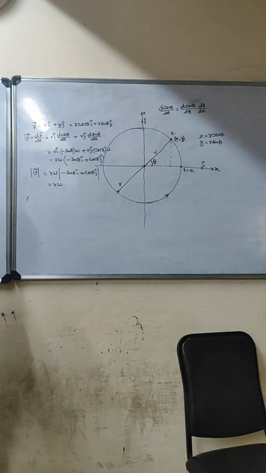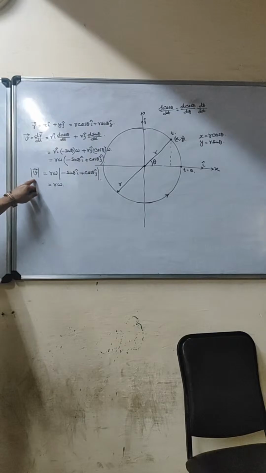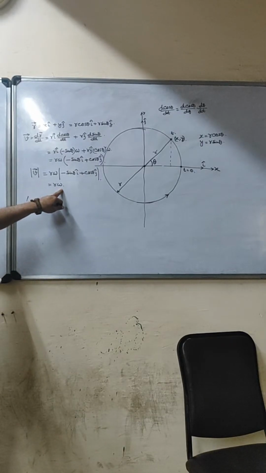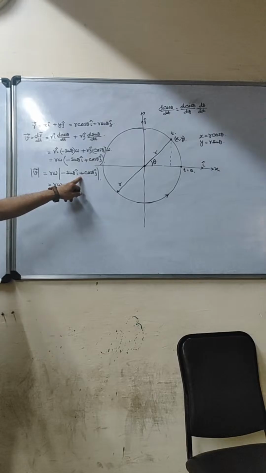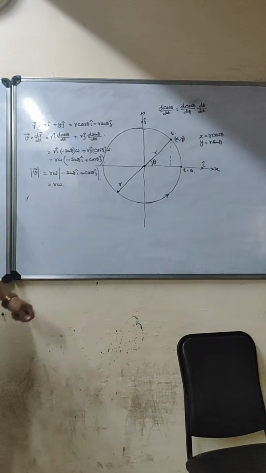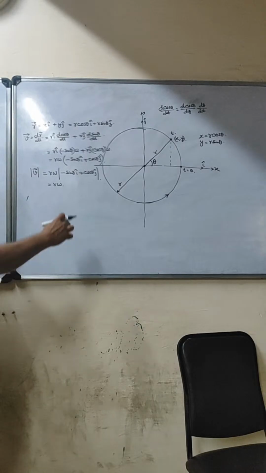So we can say that magnitude of velocity is r omega, and direction of velocity is given by this unit vector. So what is the direction of this unit vector? Can you tell me? Cos theta by minus sin theta. This is a unit vector in which direction?